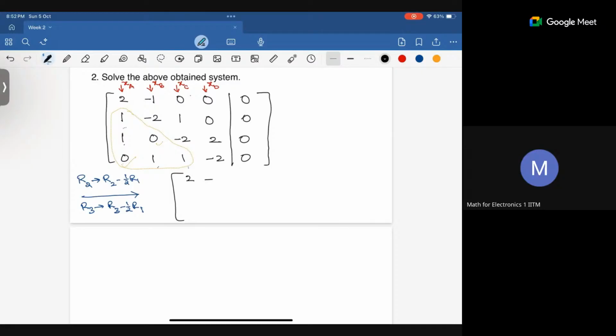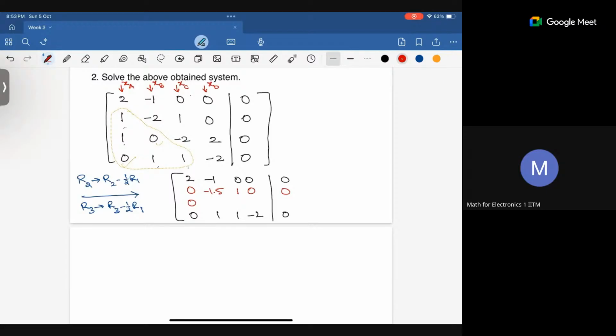Right, so if I do that, I'll have 2, minus 1, 0, 0. This is 0. And the last row is also 0, 1, 1, minus 2, 0. And this entry will become 0. And minus 2 minus of minus half, so minus 2 plus half, it will just become minus 3 by 2, which is minus 1.5. And then this will stay as it is, 1, 0, 0. Now this will also become 0.